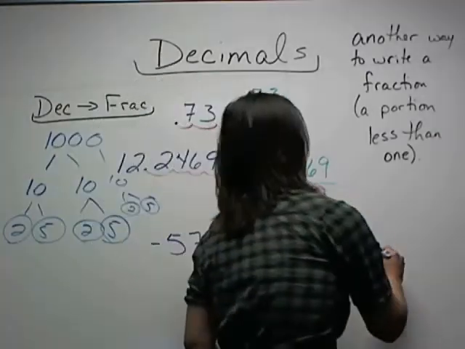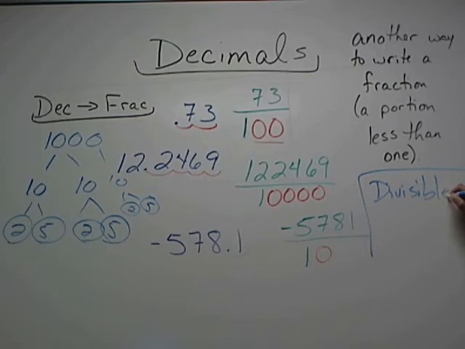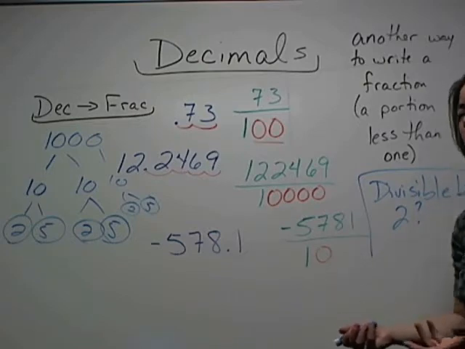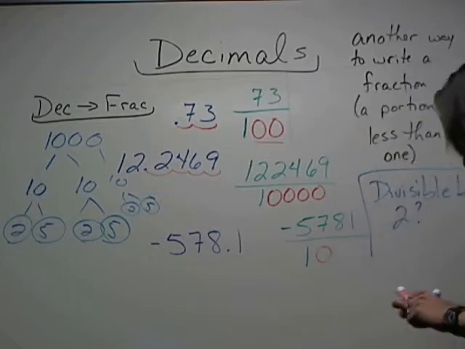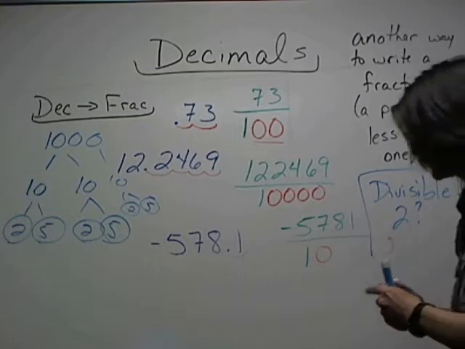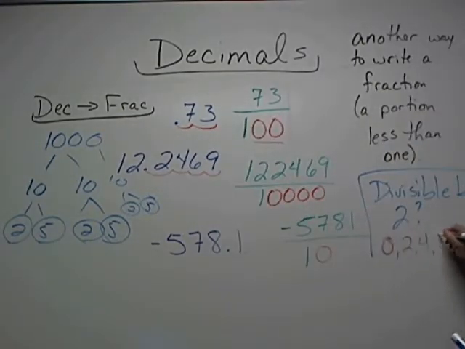Divisibility. How do we know if a number is divisible by 2? Well, we said last week that a number is divisible by 2 if it's even, which means that the last digit has to end in 0, 2, 4, 6, or 8.